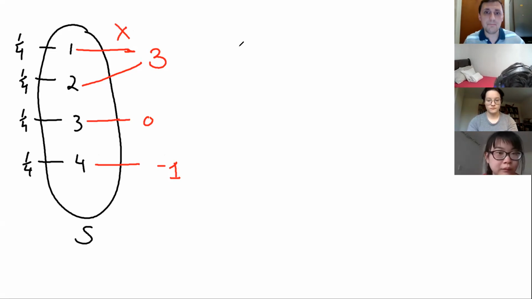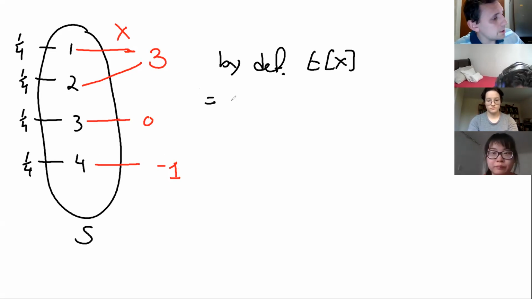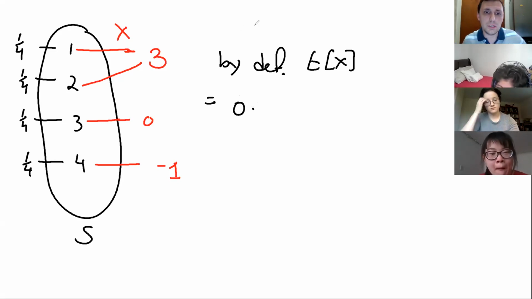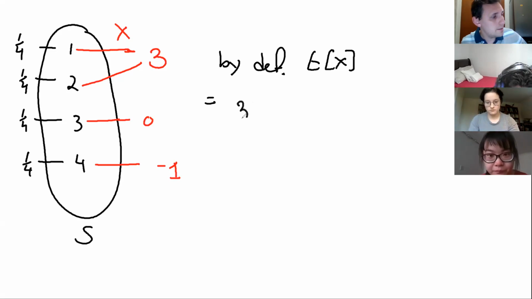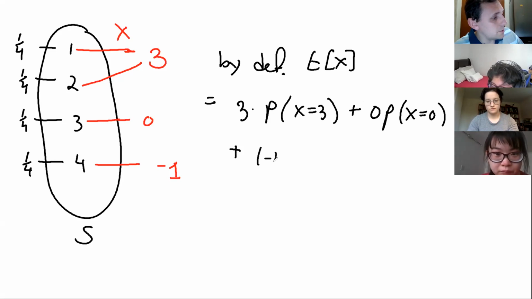By definition, the expected value of X is, if I sort them by order, let's do it from the largest to smallest, so it's 3 times the probability that X is equal to 3, plus 0 times the probability that X is equal to 0, plus -1 times the probability that X is equal to -1.